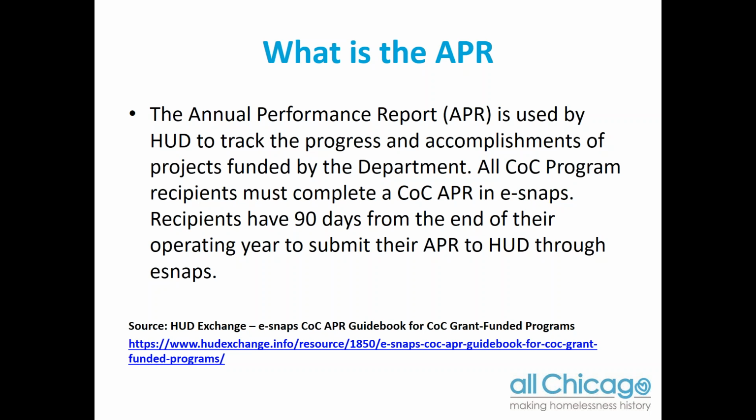We don't have access to eSNAPS for your program's data. So there's a distinction there in terms of what level of support we can offer. There is also a timeline here: there is typically a 90-day window after your operating year ends where your APR would be submitted to HUD through eSNAPS. Again, let me know if this raises questions, but that is what the APR is.